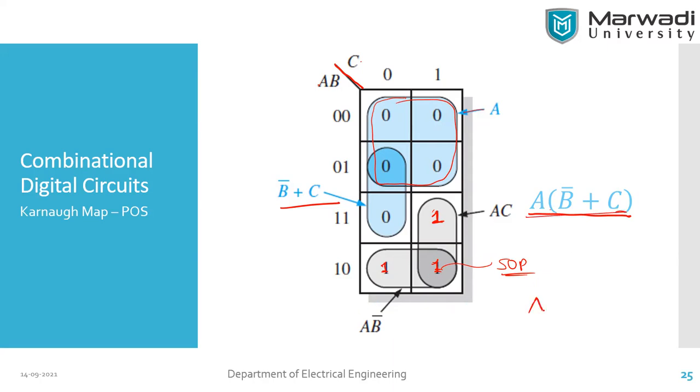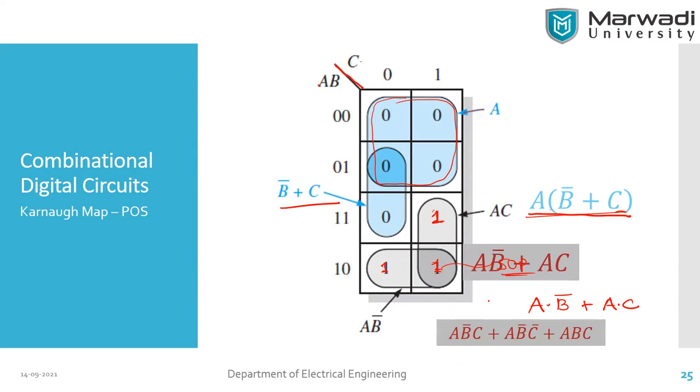So here you will get A into B bar plus A into C, right? Understand? Now that is the purpose of writing 0. Okay. That POS is exactly the opposite of SOP.